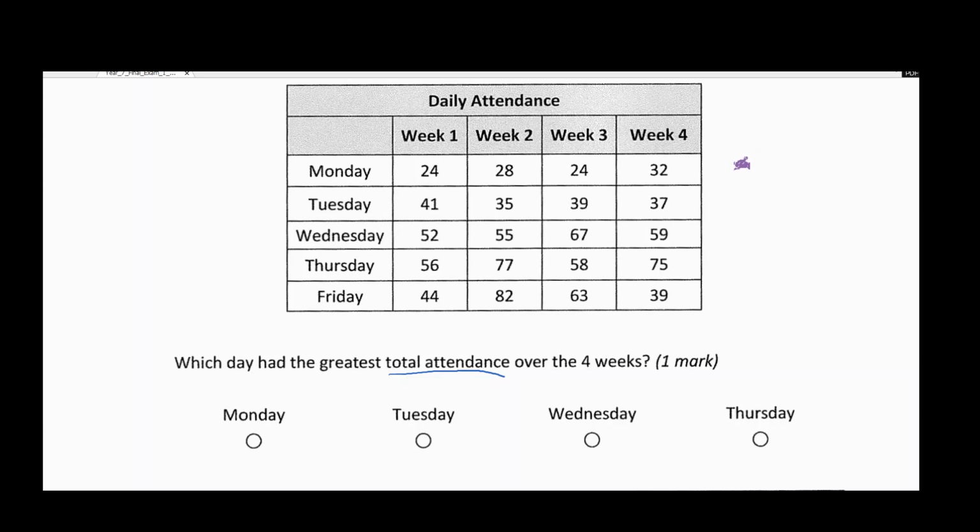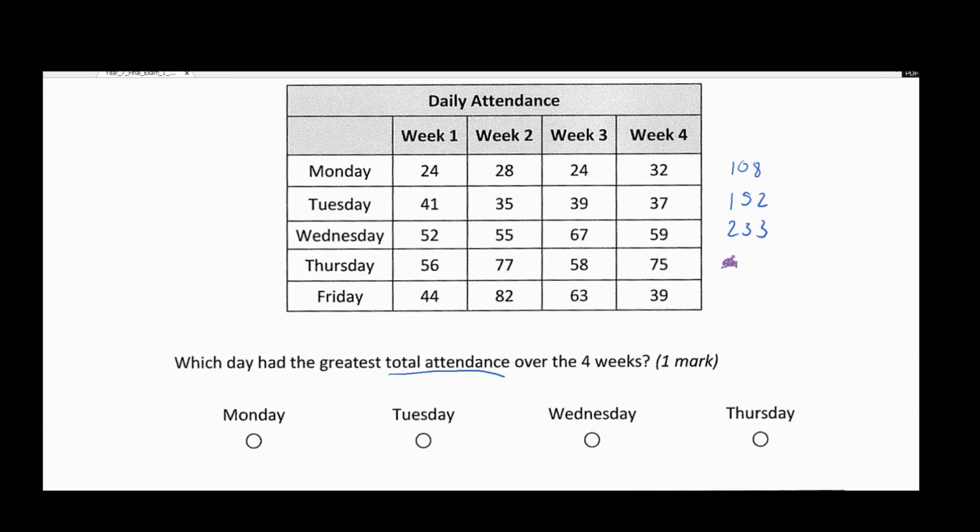That's 108. And we've got 41 plus 35 plus 39 plus 37, which is 152. You've got 52 plus 55 plus 67 plus 59, 233.